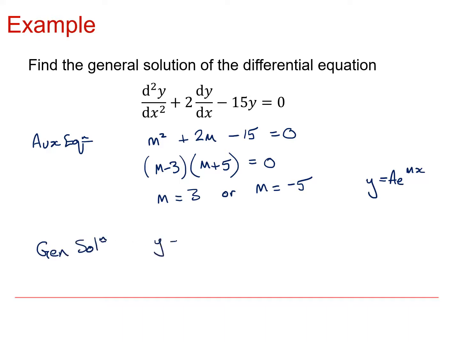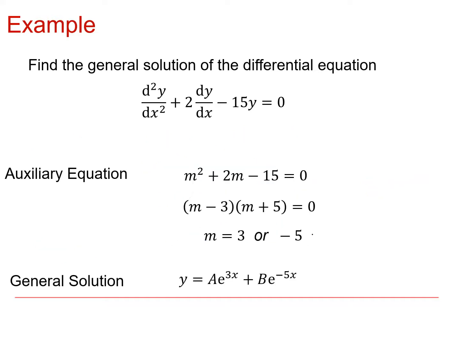It has y is equal to a e to the 3x, that's from the m equals 3 part, plus b e to the minus 5x. That's from the m equals minus 5 part. There is that written up more neatly for you. There's the auxiliary equation, which we go on to solve, which gives rise to two parts in the general solution.